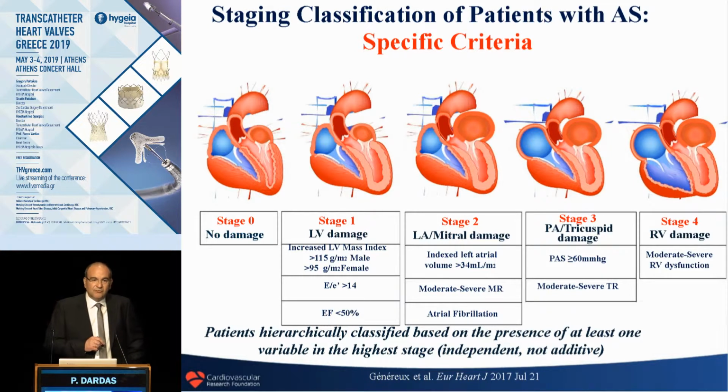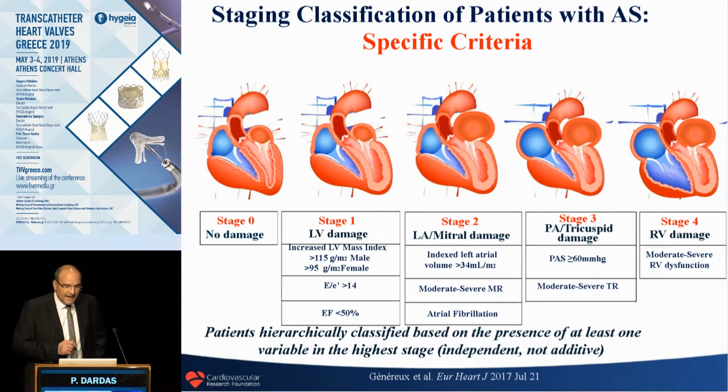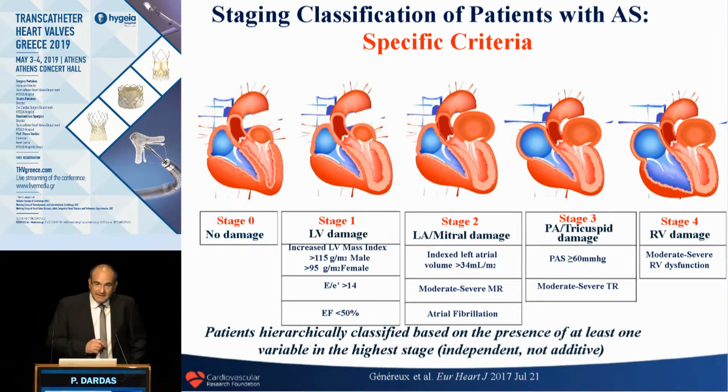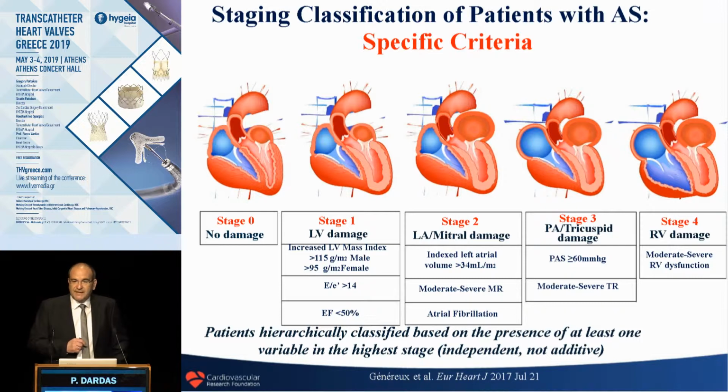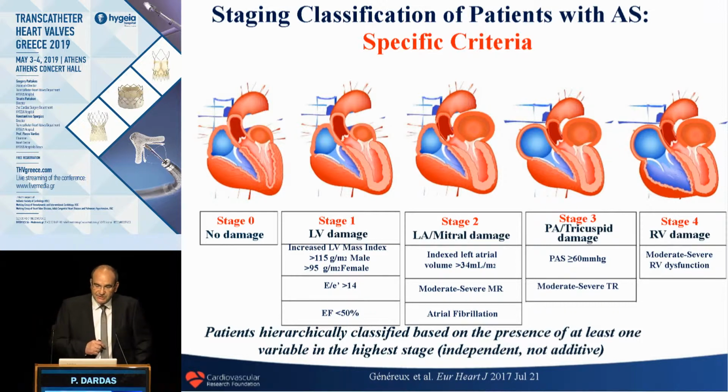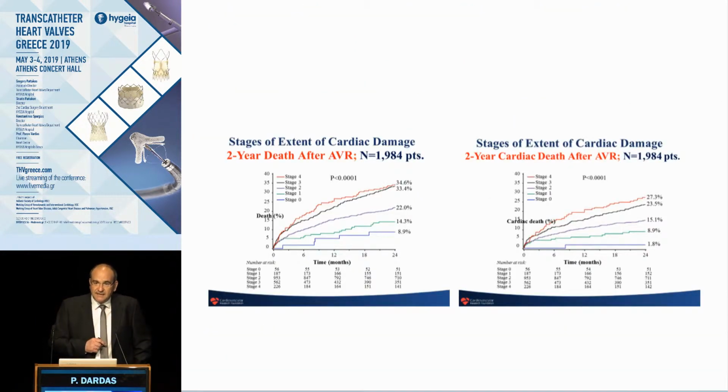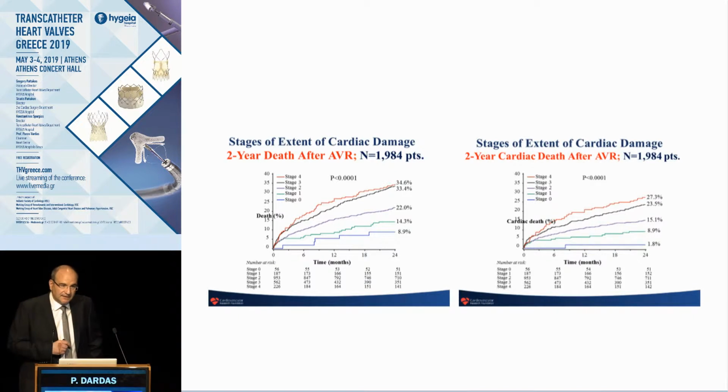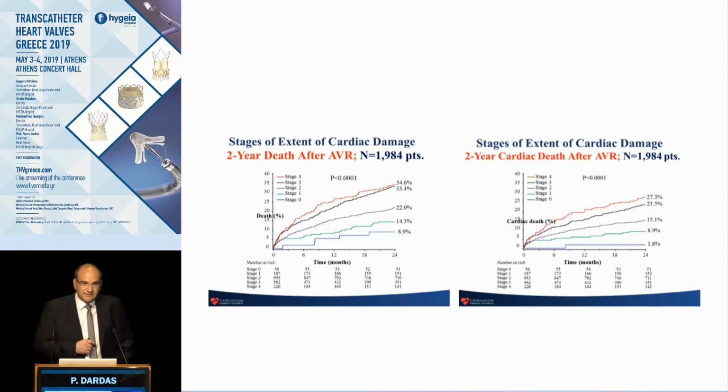Stage 1, when we have LV damage. Stage 2, when we have mitral damage, mitral regurgitation, and big LA. Stage 3, when we have tricuspid damage and pulmonary hypertension. And stage 4, when we have RV dysfunction. And the more advanced the stage is, the higher the mortality is, and also the higher the risk during the procedure.